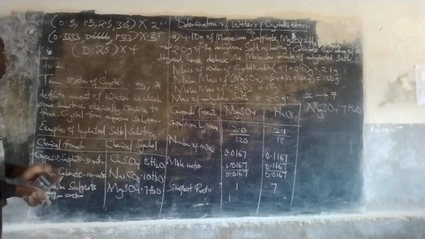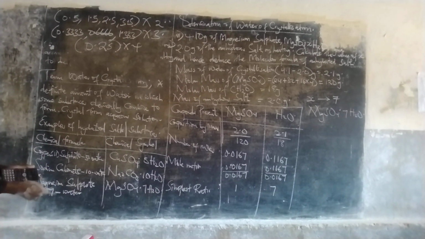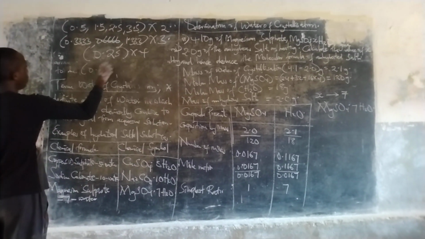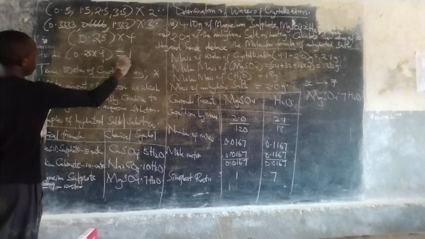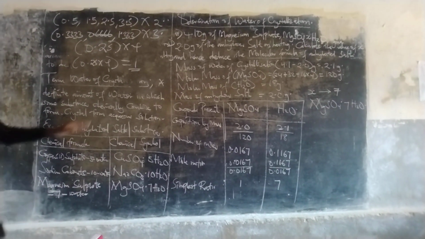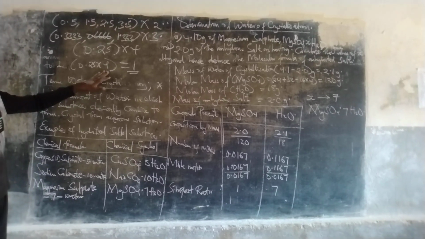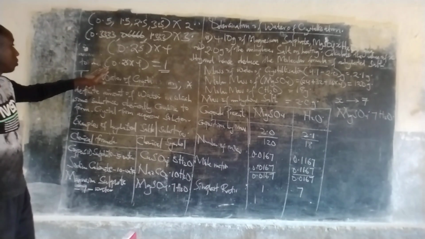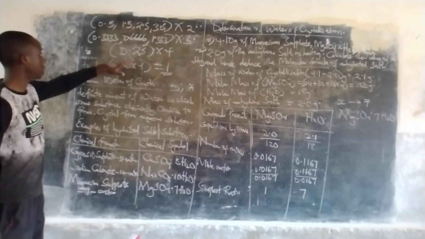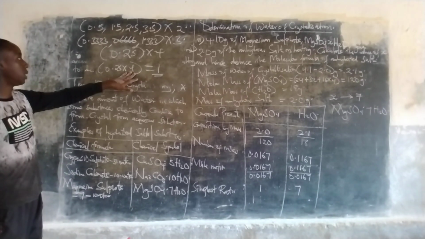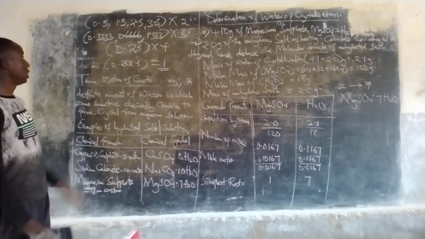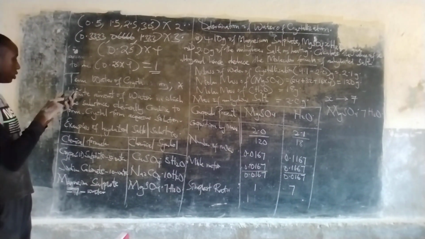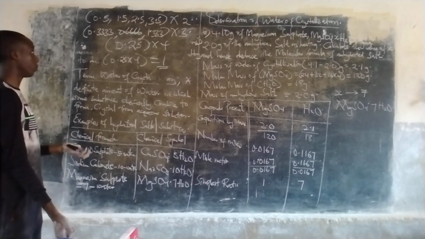Why am I saying this? If you get your calculator and press 0.25 times 4, you are going to get 1. That's why I say by the least number. For a molecular formula, it just gives you the simplest actual number. If you multiply 0.333 times 3, it will also give you 1 if you round off.